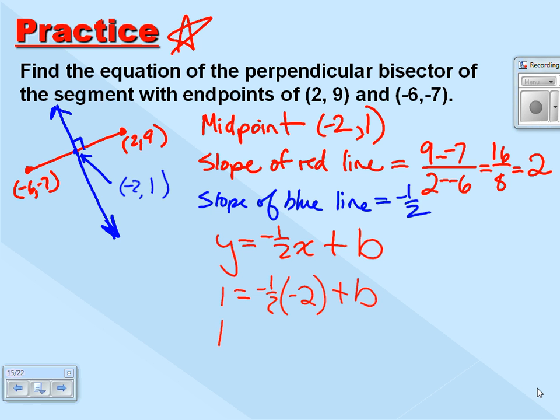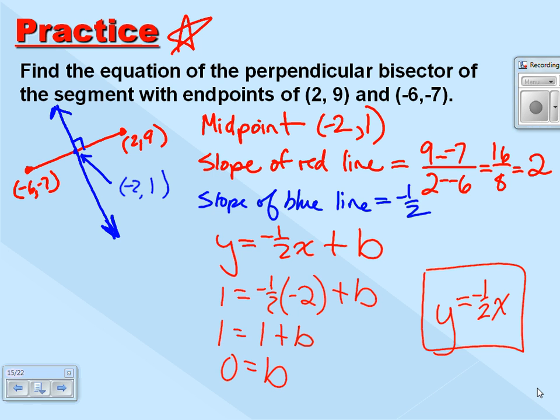So I get 1 equals +1 plus b. Therefore, 0 equals b. So what's the equation of my line going to be? If I know that the slope of the blue line is -1/2 and the y-intercept is 0, the equation of the line is simply going to be y equals -1/2 x. That's my answer.